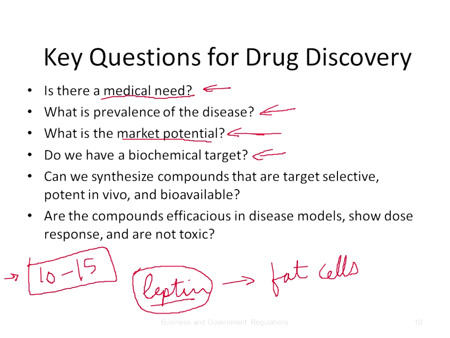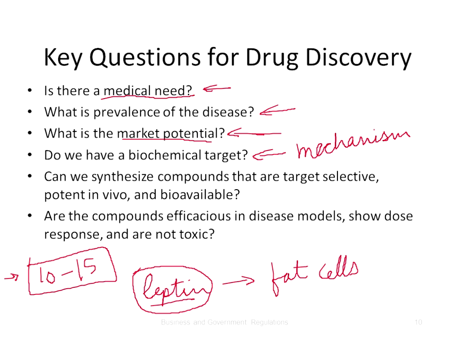So for example, you might have a disease that you know the symptoms for, but you really don't know the mechanism of the disease. And if you don't know the mechanism of the disease, it's hard to come up with a drug, right? You want to know what in the body you want to interfere with, right? So you should have a clear biochemical target.